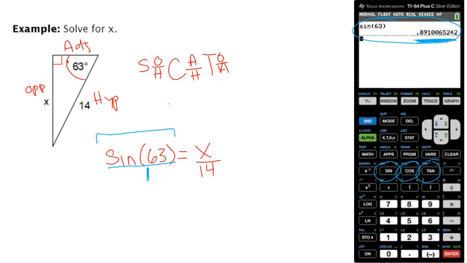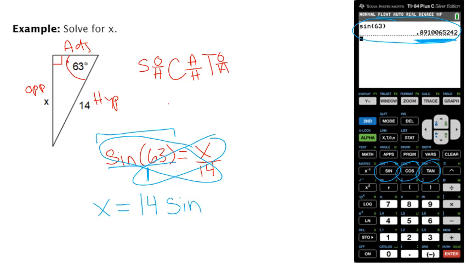Now I'm going to do the same thing we did with similarity. I'm going to cross multiply. X times 1 is x. I'm now going to do 14 times the sine of 63. Notice I'm not doing 63 times 14. Sine of 63 is something very different. It's those digits, like I said, that you see on the right.